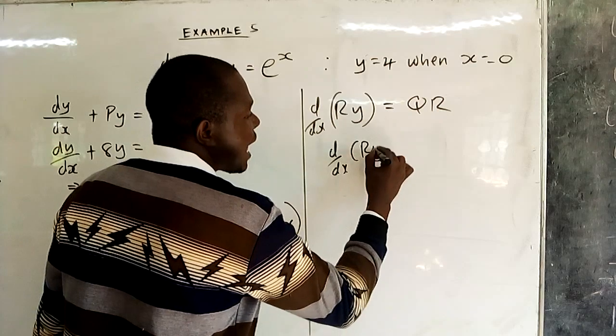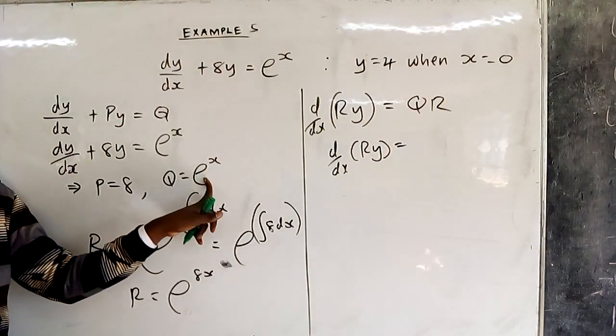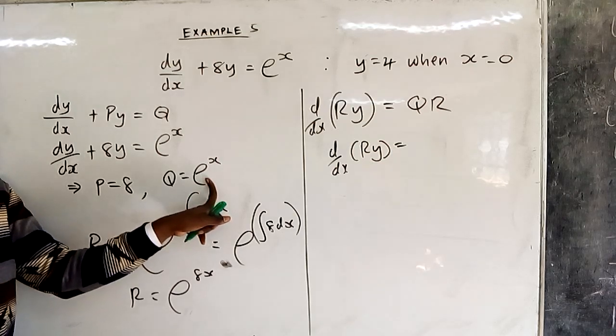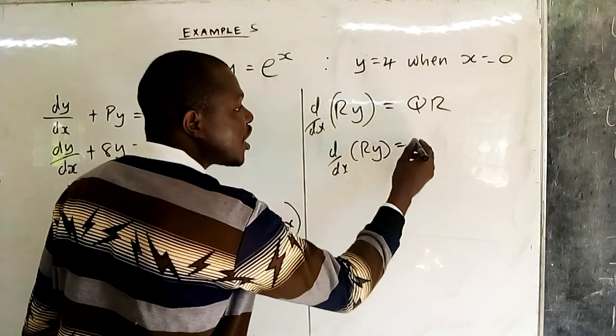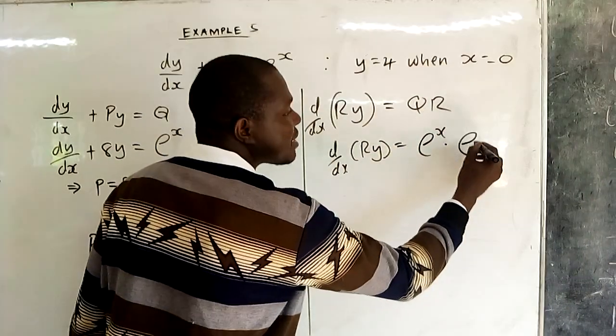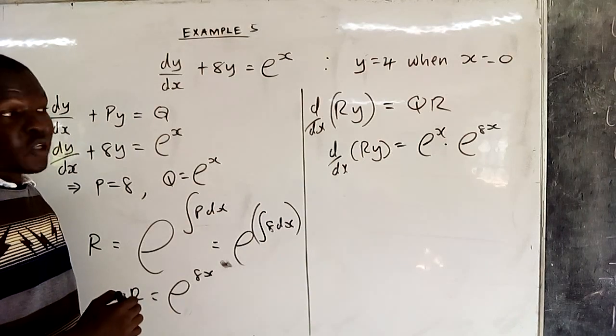d/dx of ry is equal to, what is q? What is r? Q is e^x, and r is e^(8x). So it is q, which is e^x, times r, which is e^(8x). Are we together? Yes.